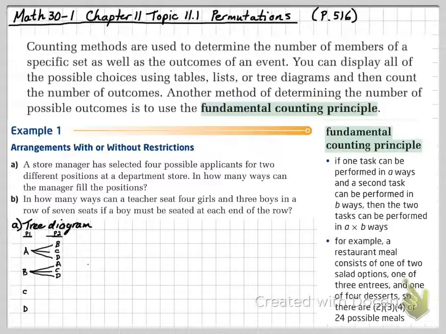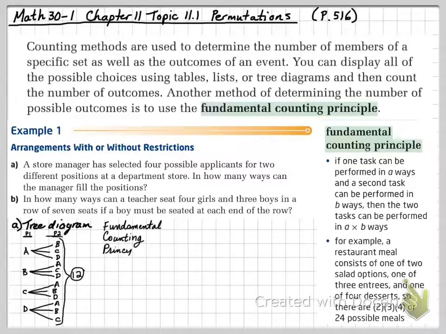If we hired C for position 1, that would give us A, B, or D for position 2. And if we hired D for position 1, that would give us A, B, or C for position 2. Adding those up, I see 1, 2, 3, 4, 5, 6, 7, 8, 9, 10, 11, 12 different possible combinations.